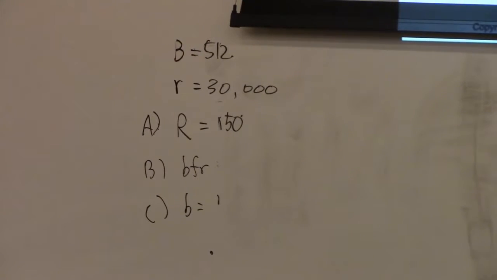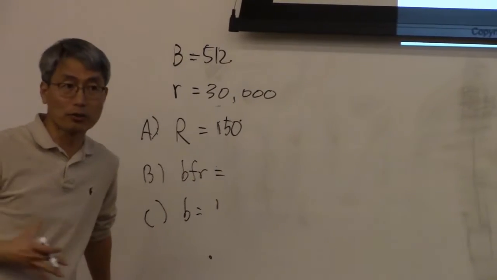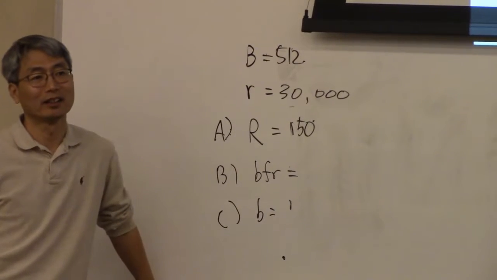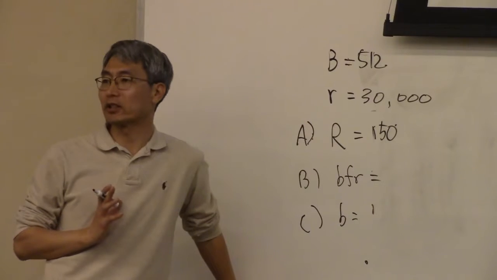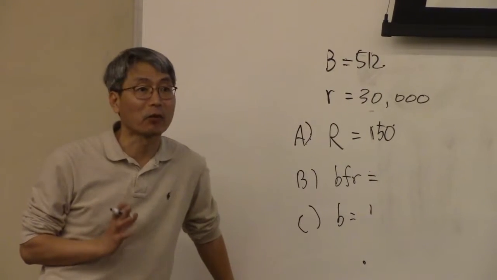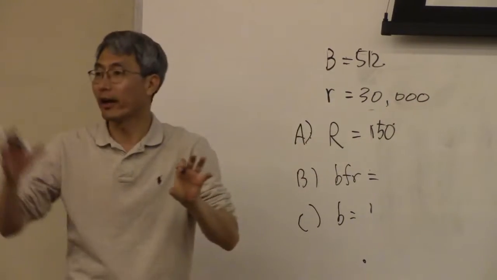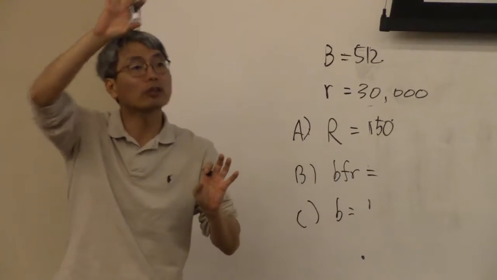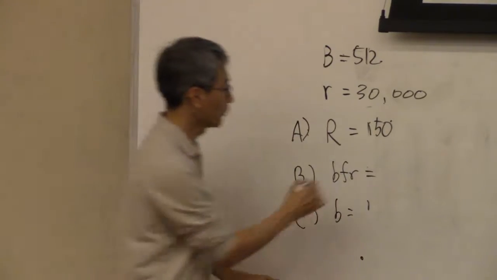Then we can calculate the blocking factor, right? Let's assume unspanned. It's much easier. What if spanned? Even for spanned, we need to use the average. From statistical information, you should know in total how many blocks are used, and then you can divide the number of records by the total number of blocks to calculate the average blocking factor.